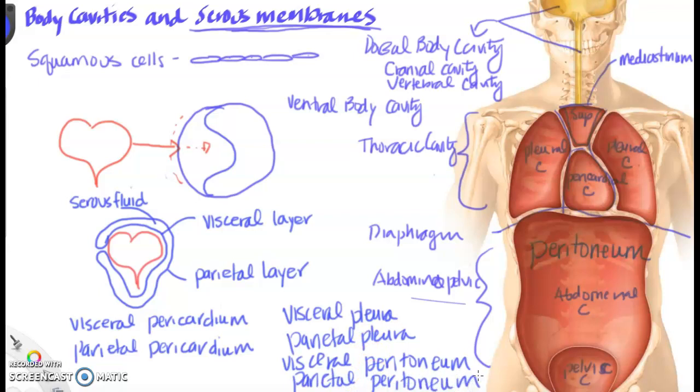And it's the same thing. You've got the visceral peritoneum covers the organs in the abdomen, like the stomach, the liver, the intestines, all of that. And then we have the parietal peritoneum that covers the wall of the abdominal cavity.